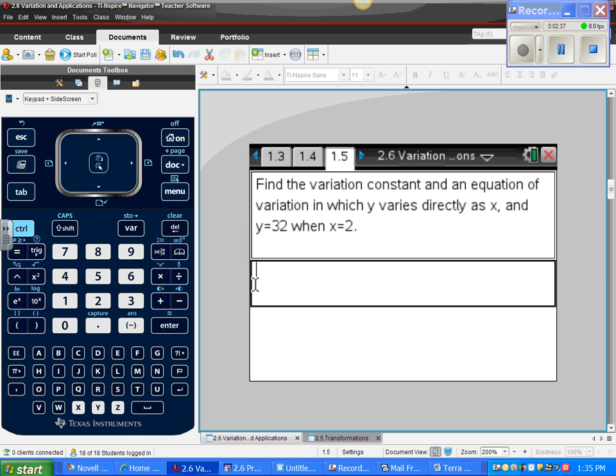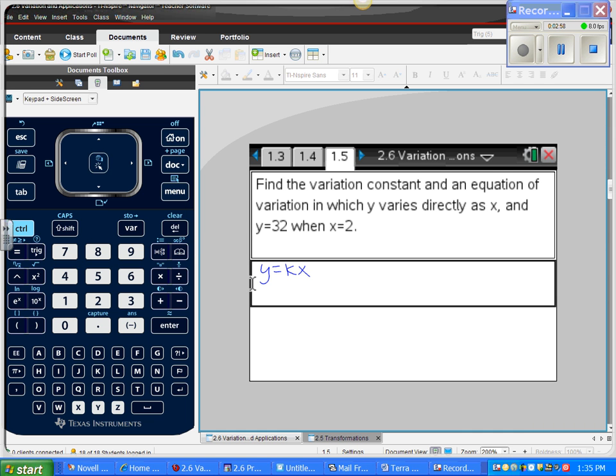All right, so we're going to find the variation constant in an equation of a variation in which y varies directly as x when y equals 32 and x equals 2. So we have to think about what we have. We want to come up with an equation, right? So we know we have our basic equation, since it varies directly, of y equals k times x.